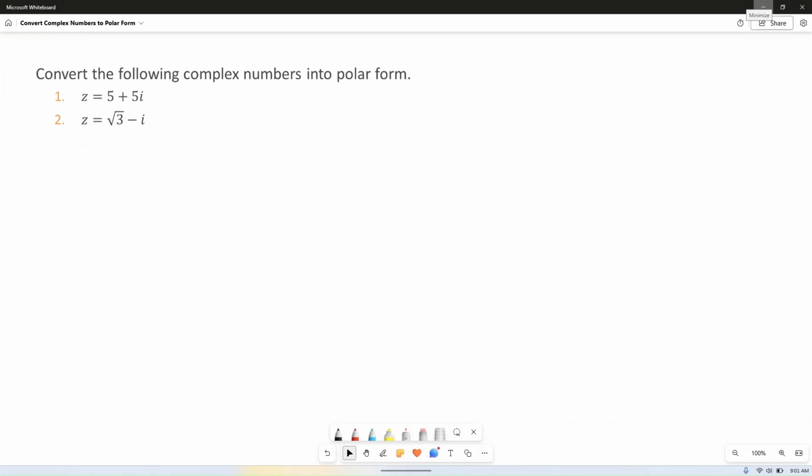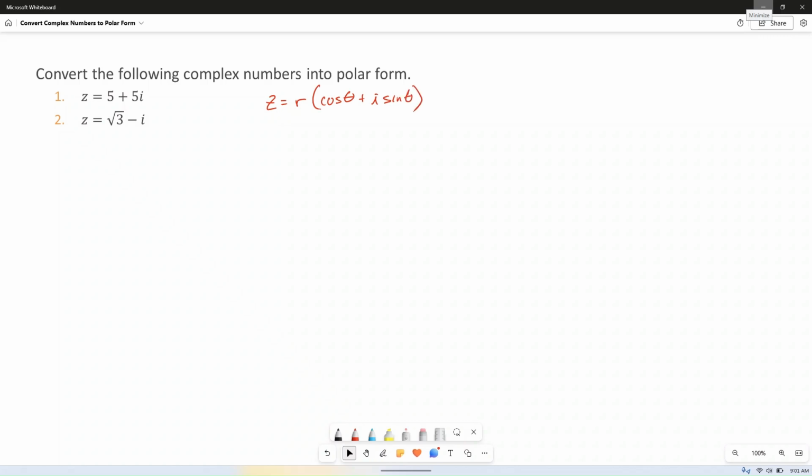Let's look at a couple examples of converting complex numbers into polar form. So just a quick review here, a complex number in polar form is going to look like z equals r times the quantity cosine of theta plus i sine of theta.